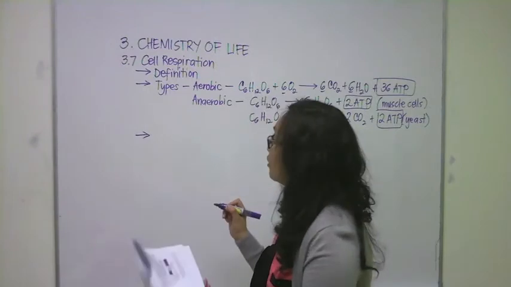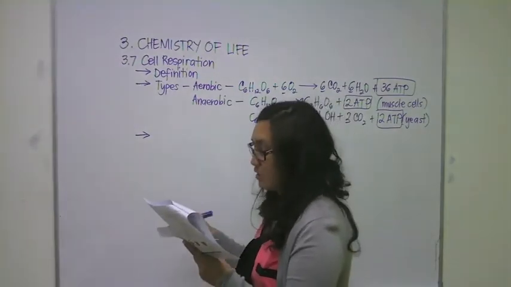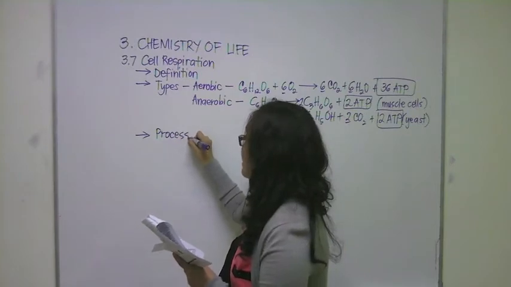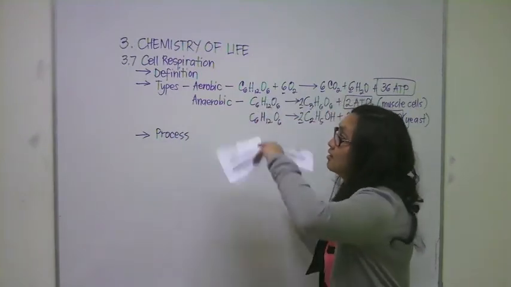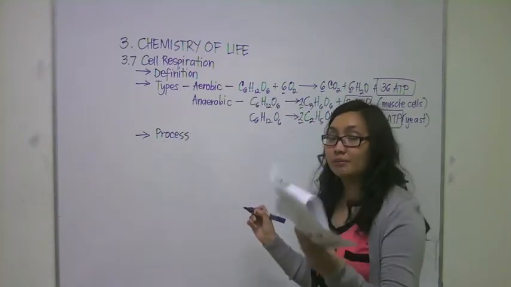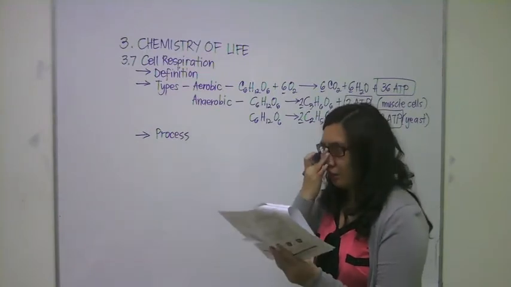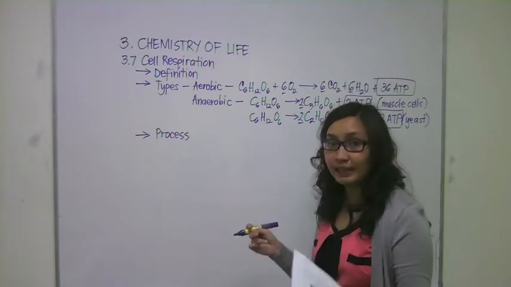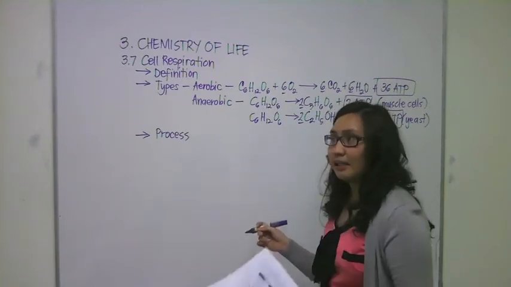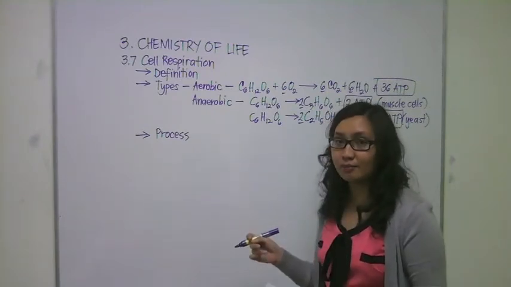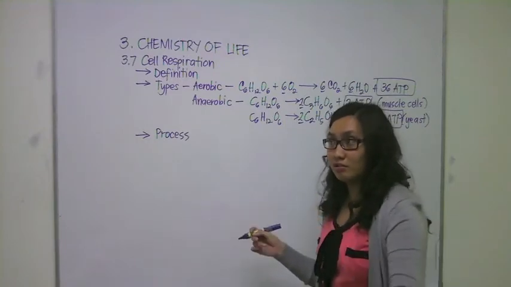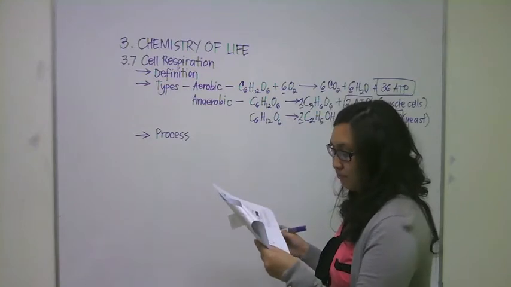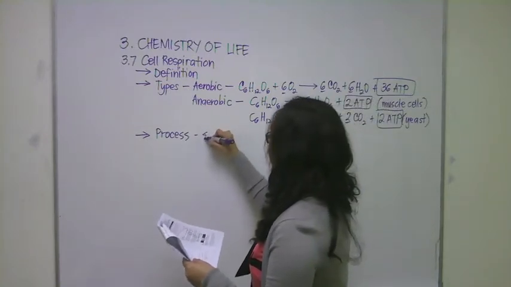The next area to be discussed in cell respiration is the process. Since this is under chemistry of life, the process has to be simplified. We don't need to elaborate on the Krebs cycle, the link reaction, and the electron transport chain, which are discussed later on in chapter 7.